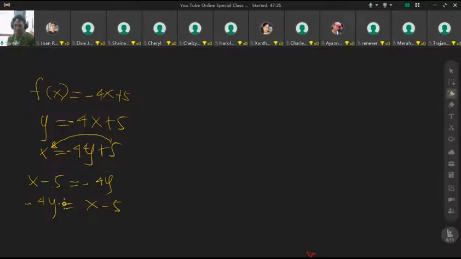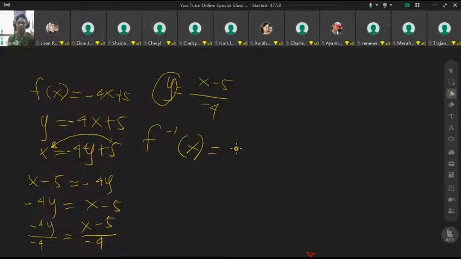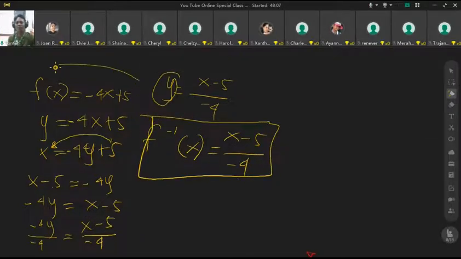Then we find the value of y, so we divide by negative 4 on both sides. Thus y equals x minus 5 all over negative 4. That's the time we change this to f of negative 1 of x equals x minus 5 over negative 4. This is the inverse of this rational function.